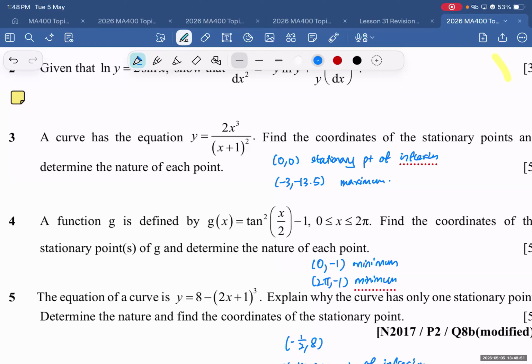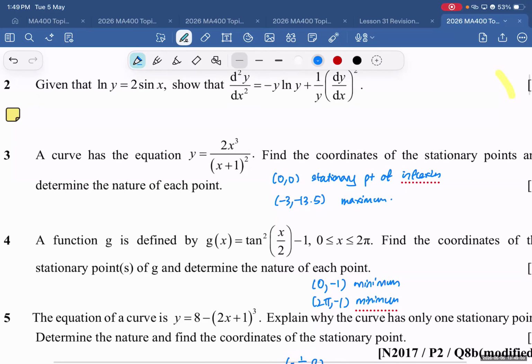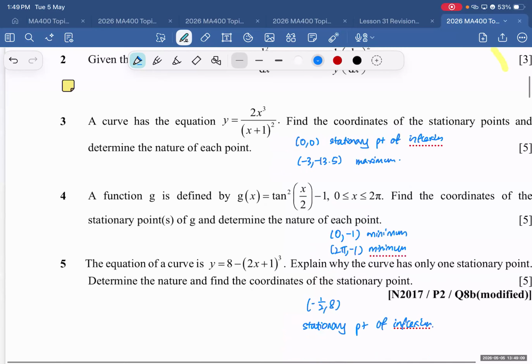So you need to test the nature. Part 4 is about stationary point, test the nature. You can find the second derivative test. You can also do the first derivative test. For the first derivative test, remember, draw the 2x4 table. I draw for you. Take a look.